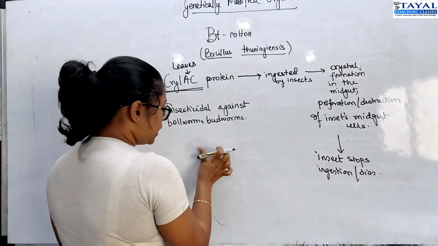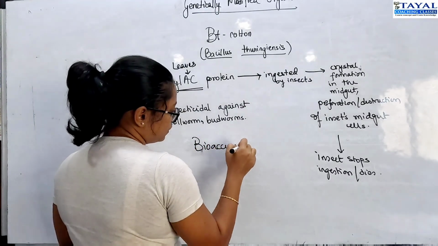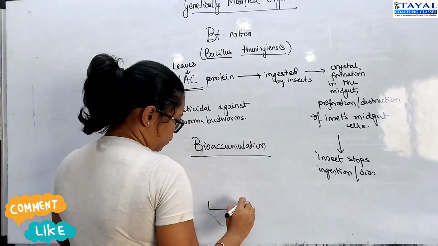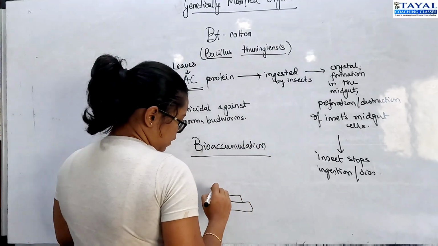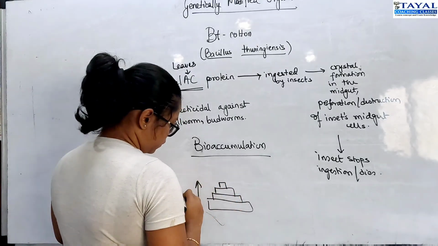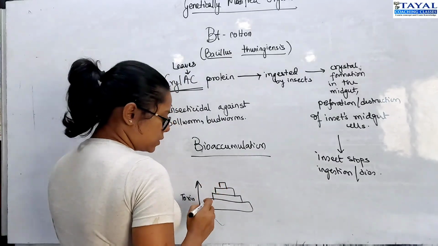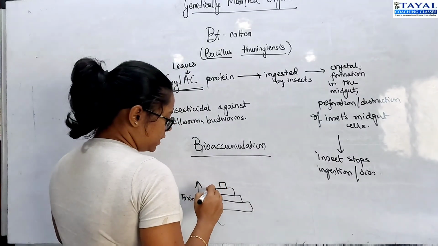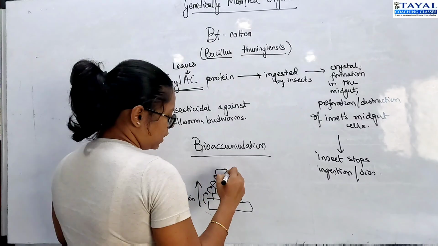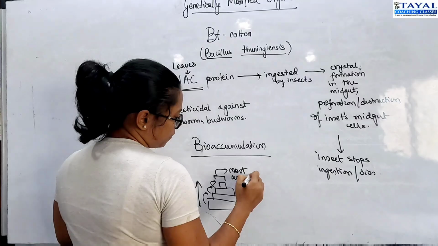Biomagnification or bioaccumulation basically means a phenomenon where as you go higher up in a trophic level, the amount of toxin present in the ecosystem usually accumulates, and therefore the highest trophic level ends up having the most amount of toxin.